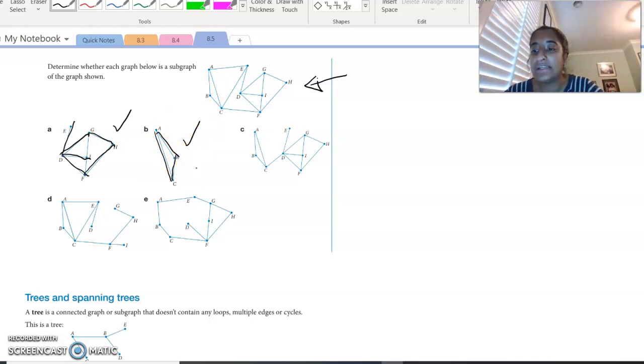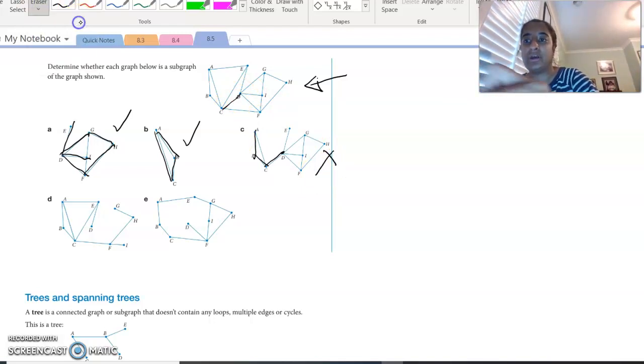If we look at C, A to B exists, and B to C exists. C to D does not exist on the original graph, so no, that is not a subgraph. This is basically how you would go about working that out.